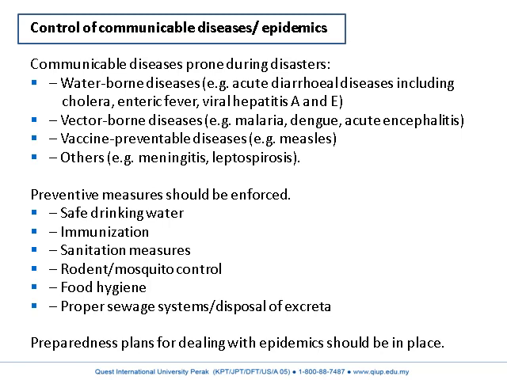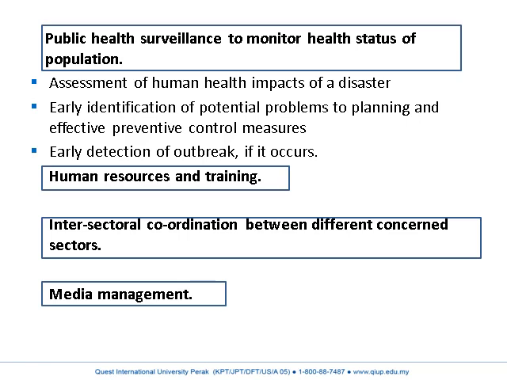Preparedness plans for dealing with epidemics should be in place. Always think about the chance of an epidemic after the disaster. Public health surveillance to monitor the health status of the population. At the same time, they have to look for problems in the affected community.